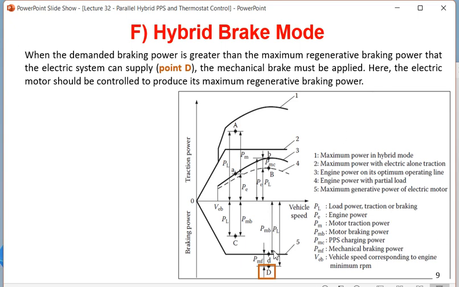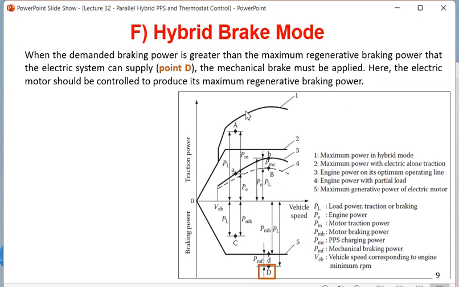So you are finding PL here, this is the demanded brake power, and PMB is lesser than PL. Who is going to supply the extra power? This extra power is going to be supplied by PMF, written here, and PMF is nothing but the mechanical braking power. So PMF plus PMB together is equal to PL. That means electrical braking plus mechanical braking is equal to the overall hybrid braking.